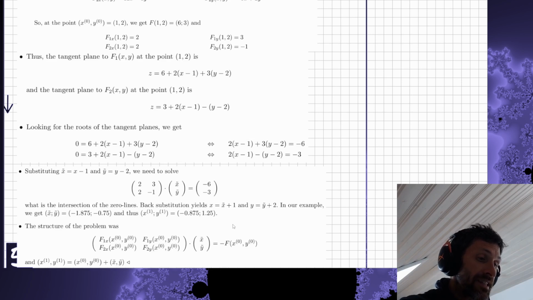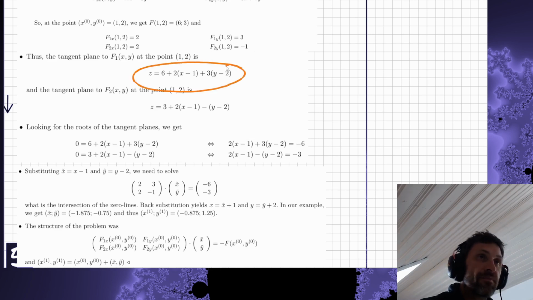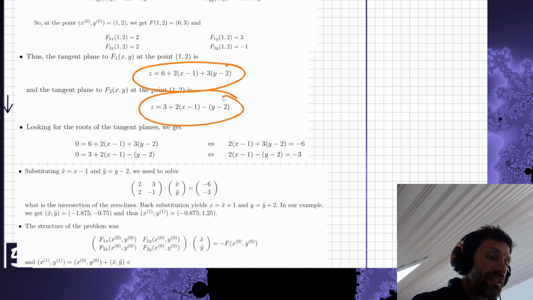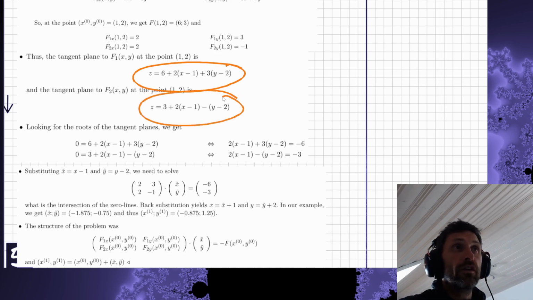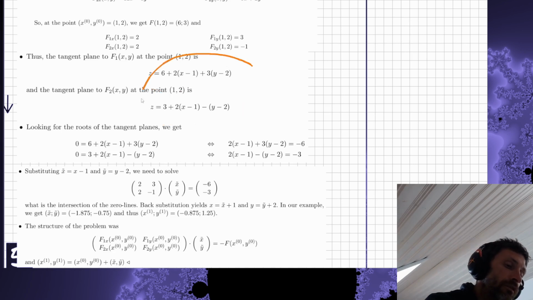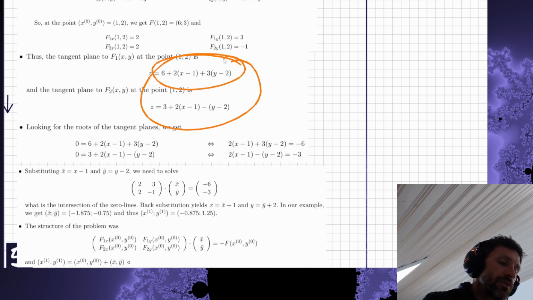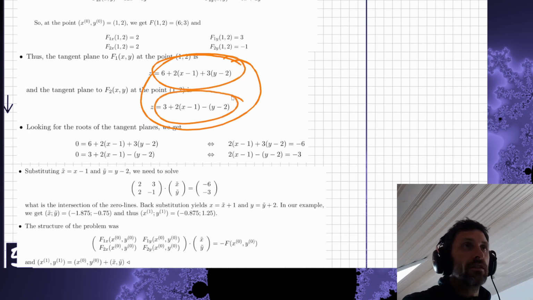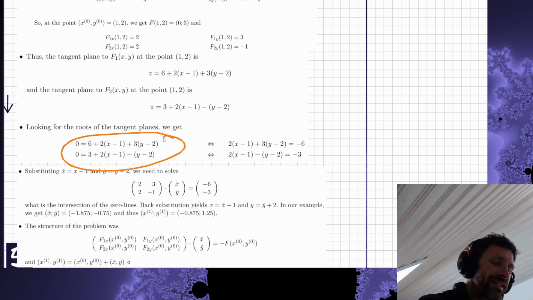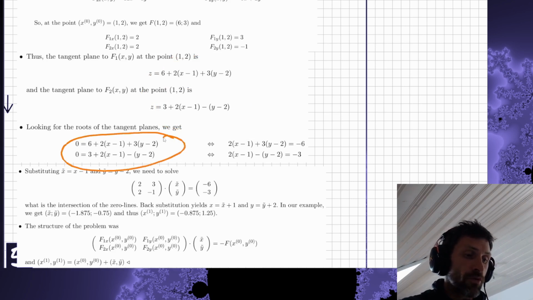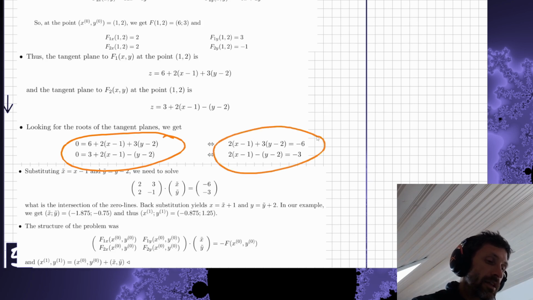And the next is, that's the tangent plane for the first function, that's the tangent plane for the second function, and now we are looking for the roots of that tangent plane, we are looking for the intersection, we are looking for the points x, y which satisfy this is equal to 0 and also this one is equal to 0. So we have this set, and this is a linear problem, and we can write it that way.